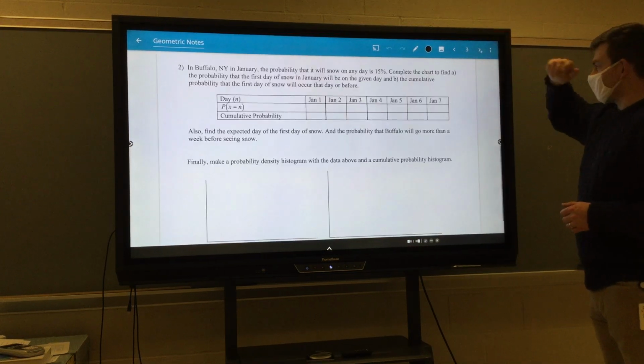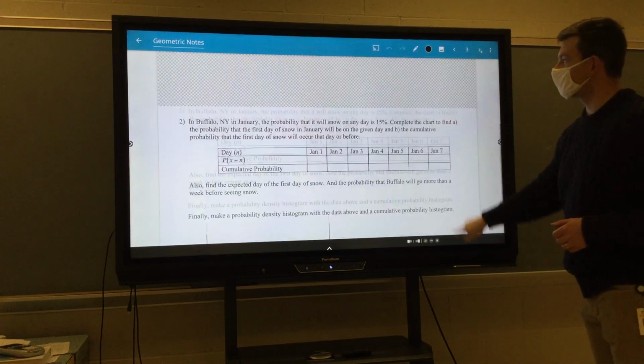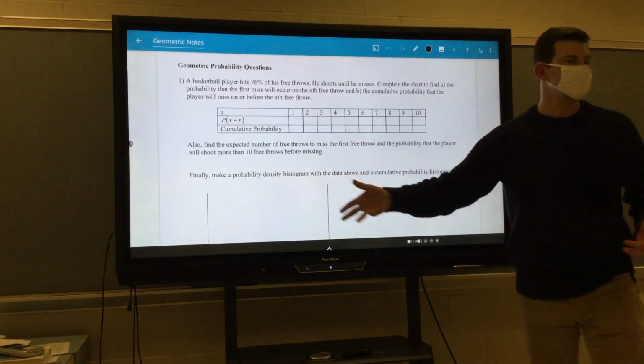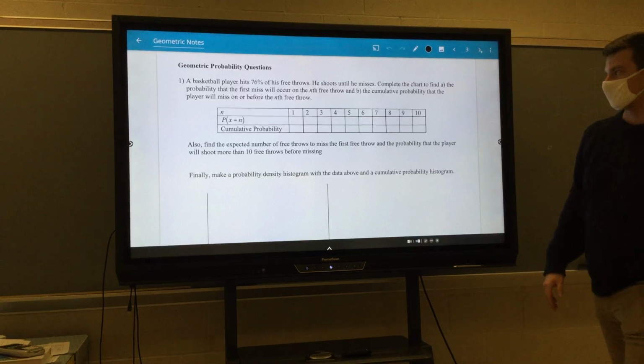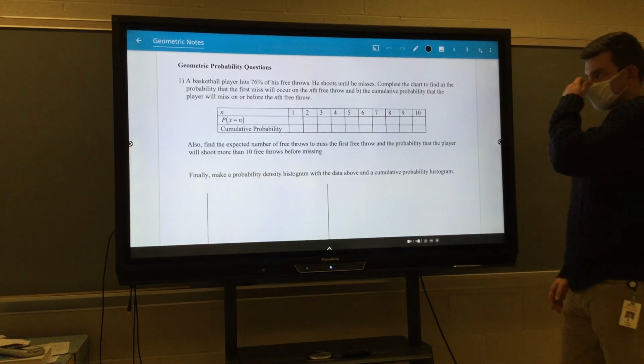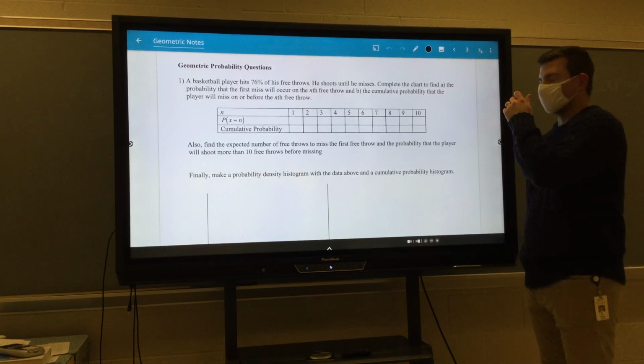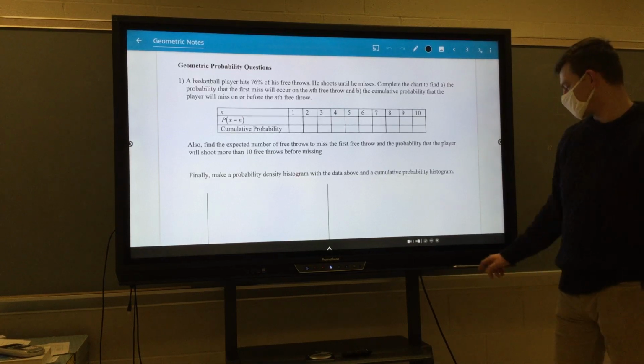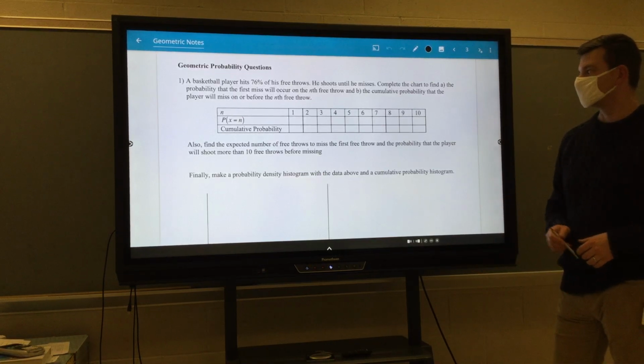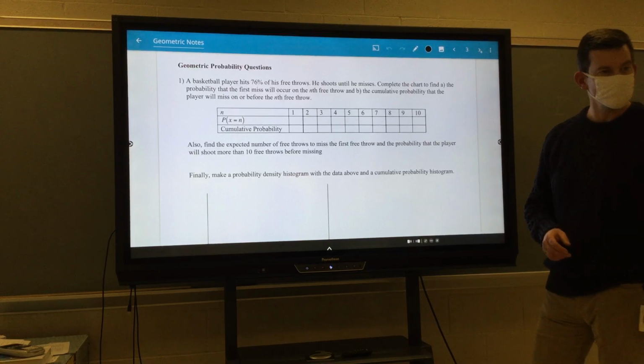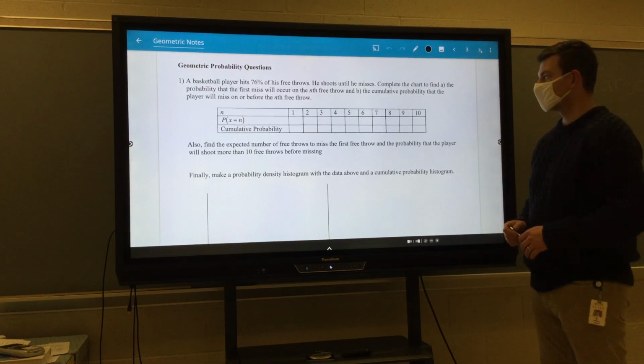Our third page, I have 2 additional practice problems here, kind of similar to this red light, green light intersection one. This one says a basketball player hits 76% of his free throws. He shoots until he misses. Okay? That miss is going to be the success.